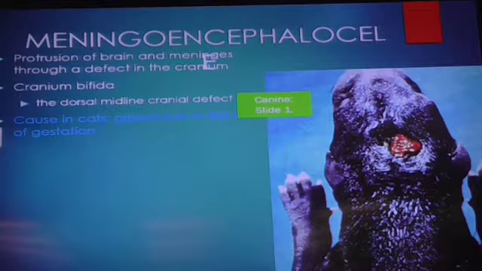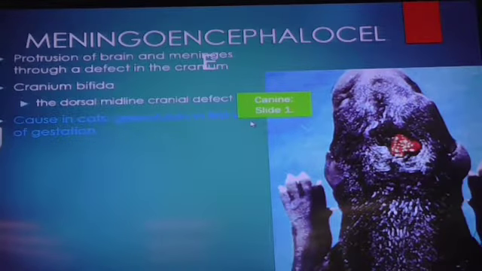There is a focal defect called a cranium bifida. The defect itself is called a cranium bifida. The protrusion of the meninges and brain through that hole or defect is called a meningoencephalocele.